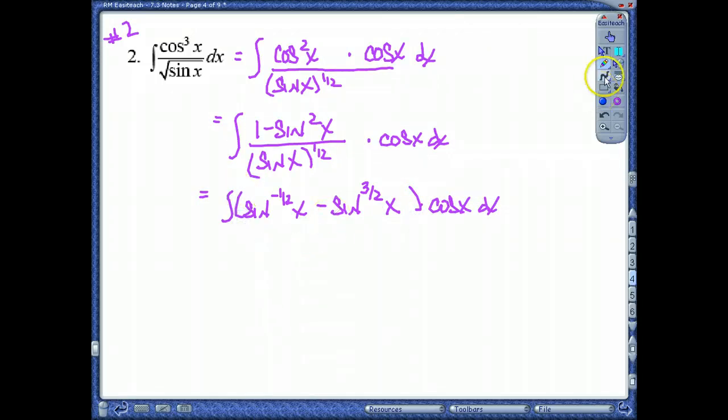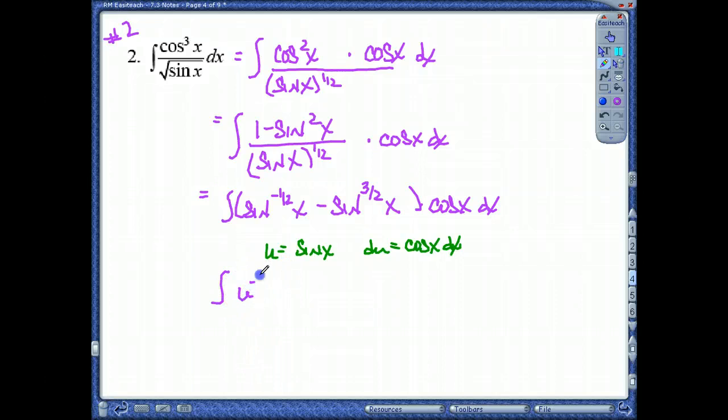So I'm going to do a u substitution. My u is going to be my sine. My du is going to be cosine. When I rewrite, this becomes much nicer. No little negatives here.